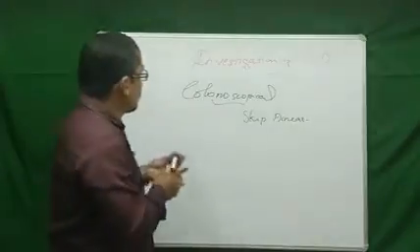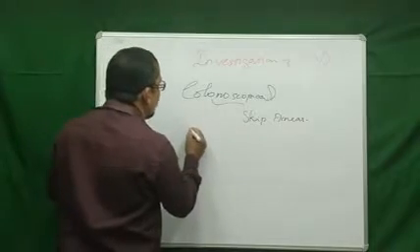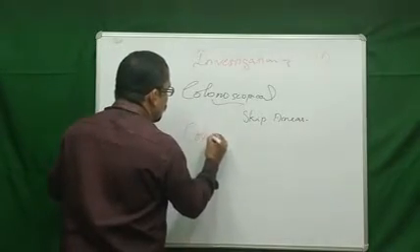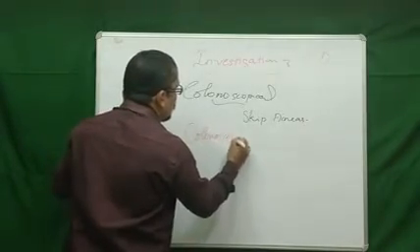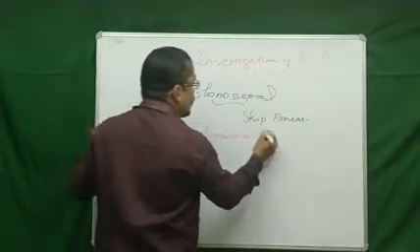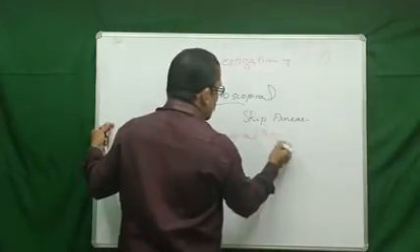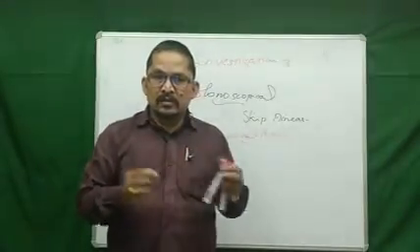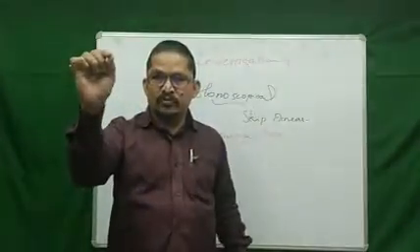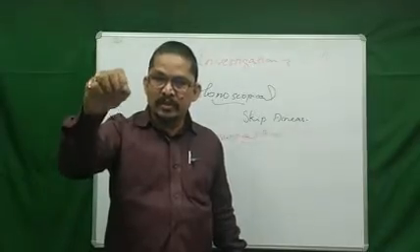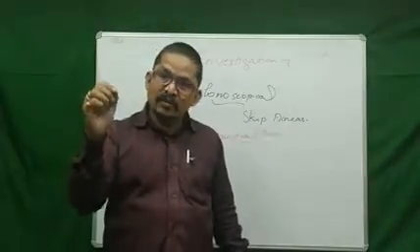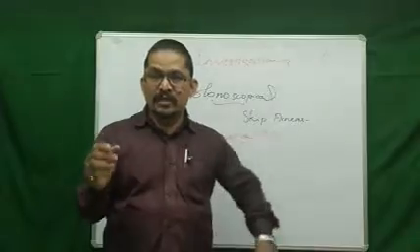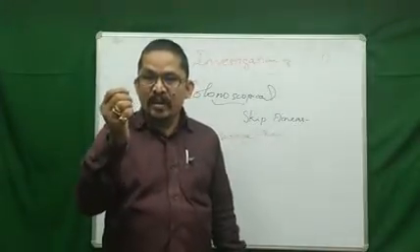Next is colonoscopical biopsy. At the time of colonoscopical examination, from suspected areas of the colon, we can take tissue bites, and thereby we can do histopathological studies, that is colonoscopical biopsy.